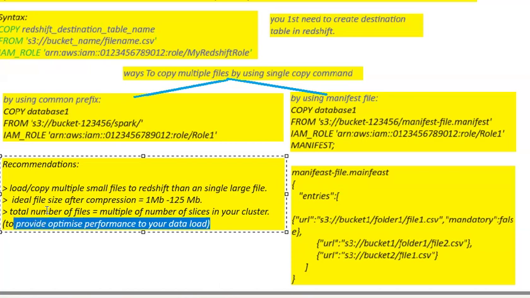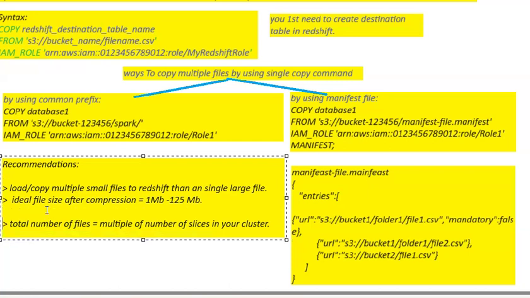That is, the total number of files that you copy must be equal to a multiple of the cluster slices present in your cluster. Yeah, the condition balances the load across your entire cluster. So that's why it provides optimized performance of data load.